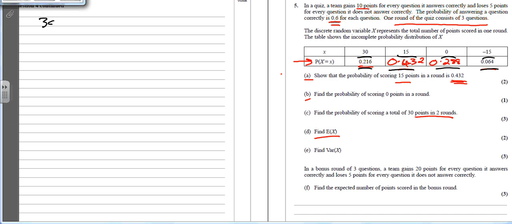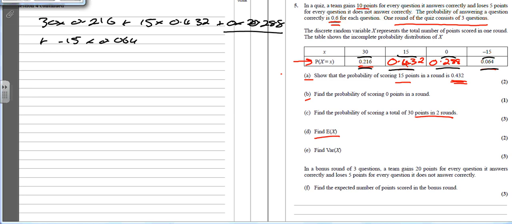So workings, I want to see 30 times 0.216 plus 15 times 0.432 plus 0 times 0.288 plus minus 15 times 0.064. Obviously, if you don't write that one, that's fair enough because it's 0 times. But if you do that, you end up getting the answer as 12. So that's the expected value of x.